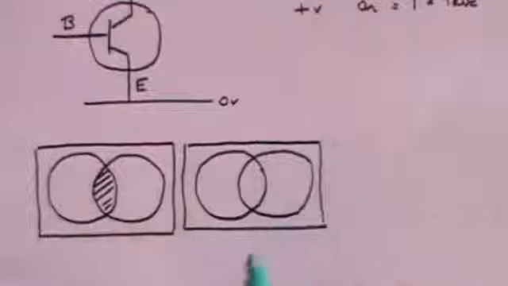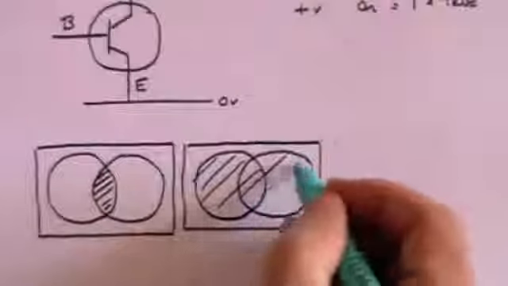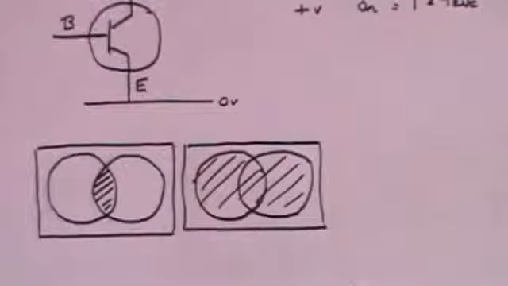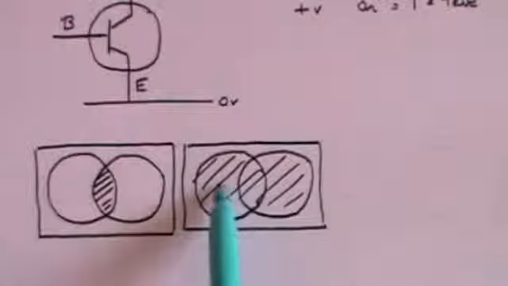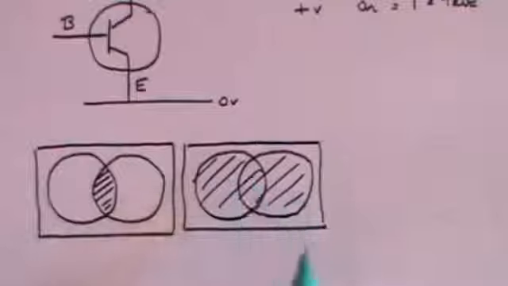But this time I want to know who are the children who are either wearing black shoes or red jackets or both. Then the answer will be everyone inside the two circles, because they're either wearing red jackets or they're wearing black shoes or they're wearing both.